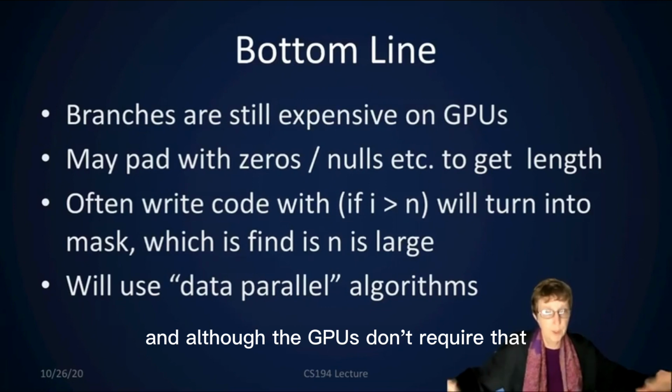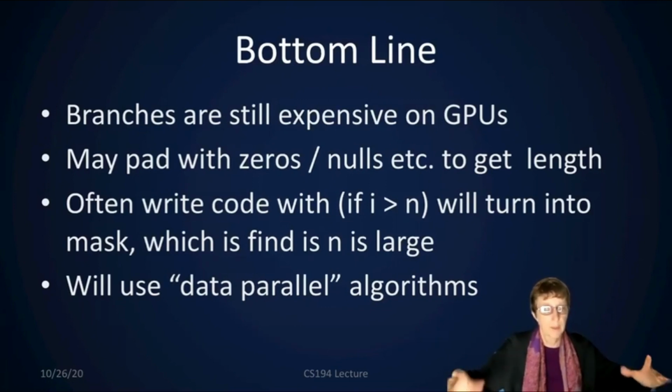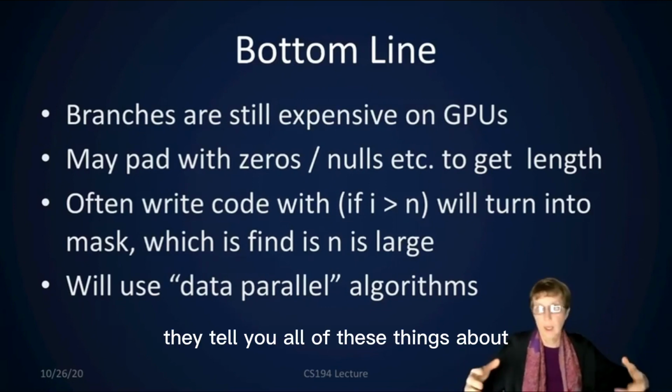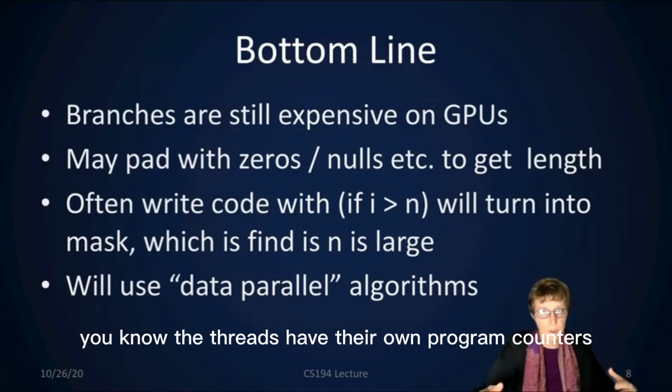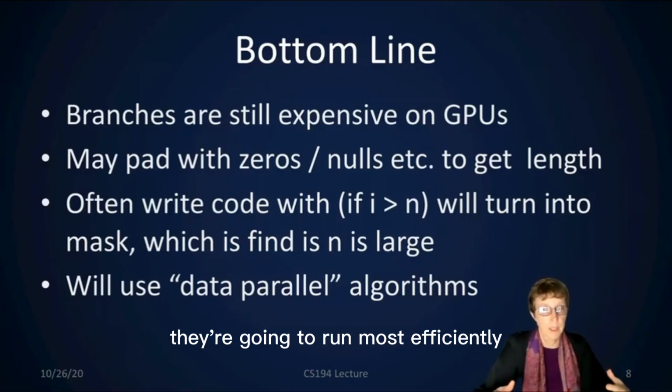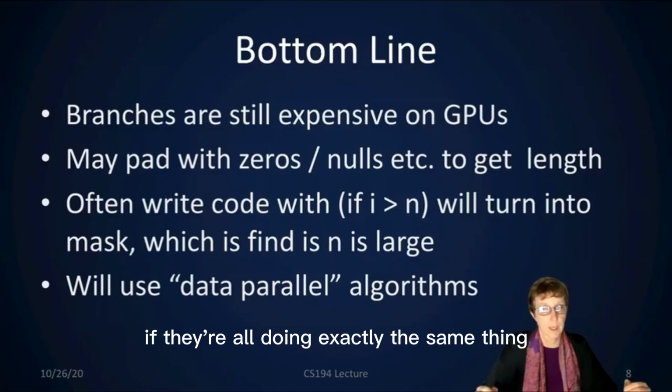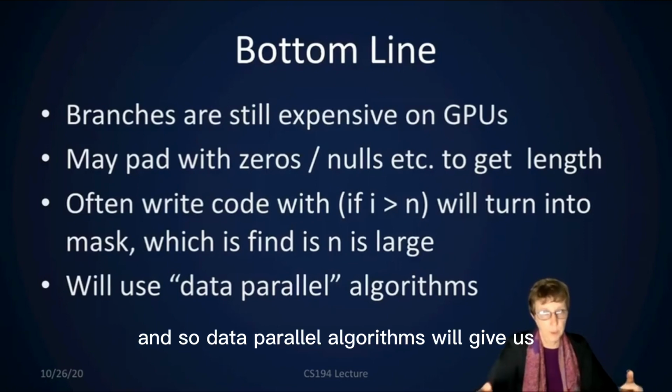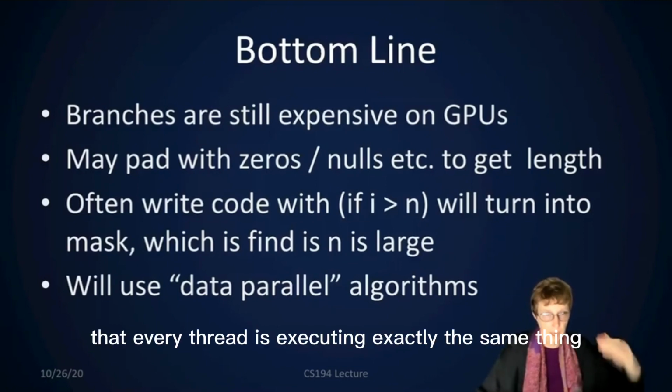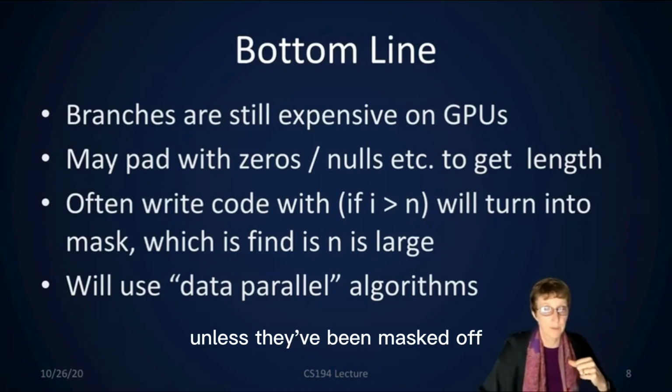And although the GPUs don't require that, they tell you that the threads have their own program counters, they're going to run most efficiently if they're all doing exactly the same thing. And so data parallel algorithms will give us this idea that every thread is executing exactly the same thing unless they've been masked off.